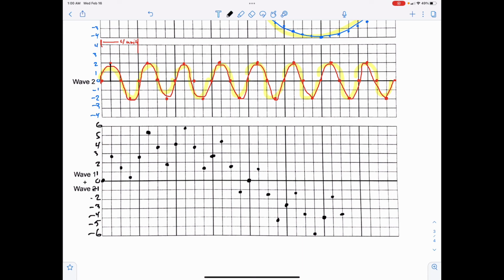At block 27, we're at negative 5.3. About down here. At block 28, we're at negative 2.8. At block 29, we're at negative 0.2. About right here. Almost at 0. At block 30, we're at negative 1.5. At block 31, we're at negative 2.8, almost negative 3. Okay, and at block 32, we're back to 0.